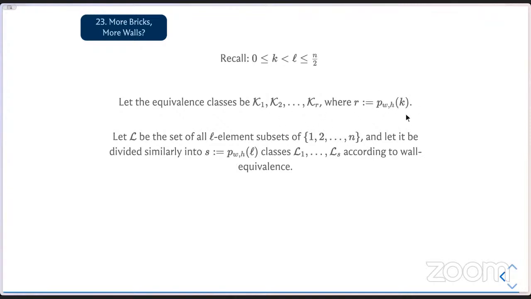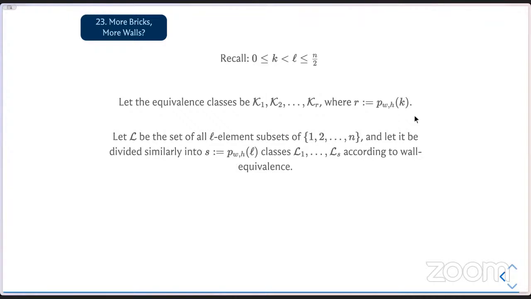Each equivalence class, PWH of K, is all the different non-increasing walls that we can build with K bricks. Each of those walls can be thought of as a representative element, because those walls are also K-size subsets of N. So there are exactly R of these classes.